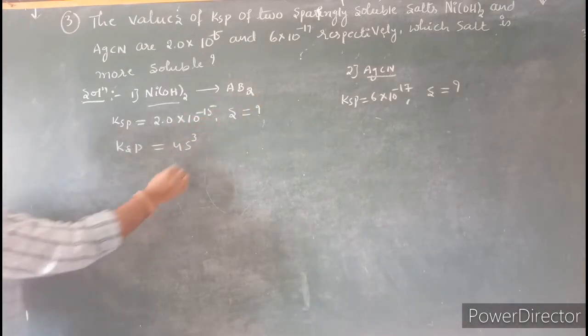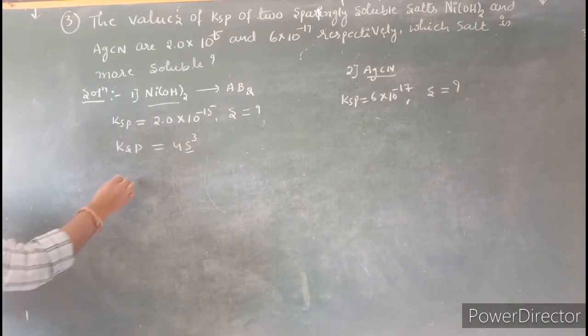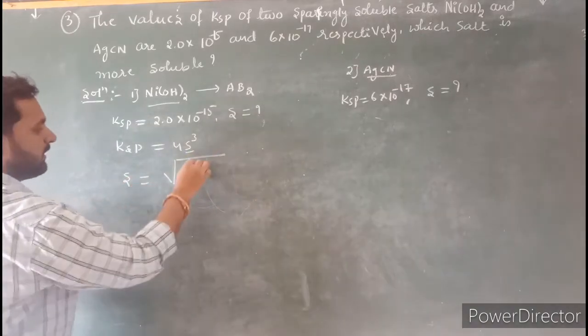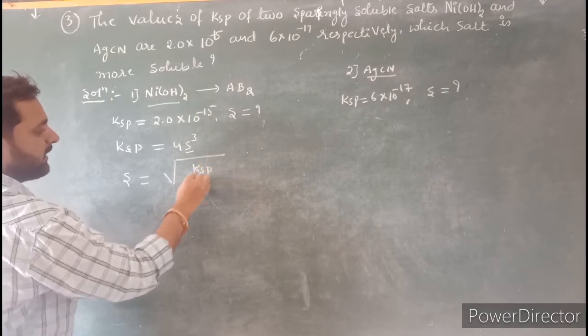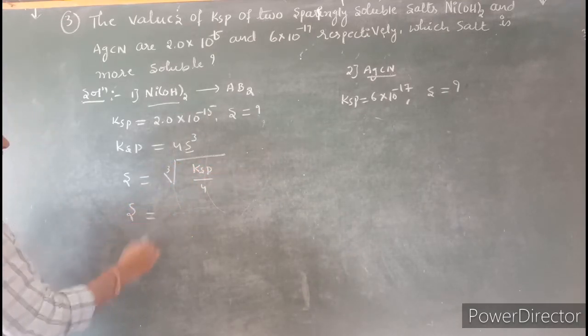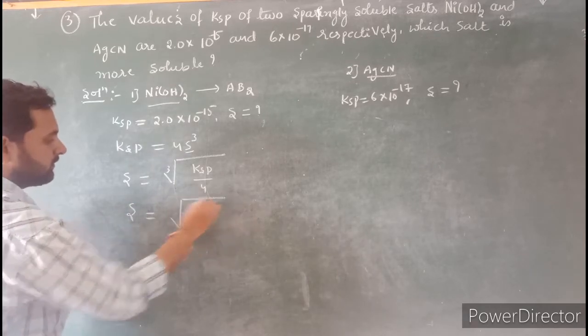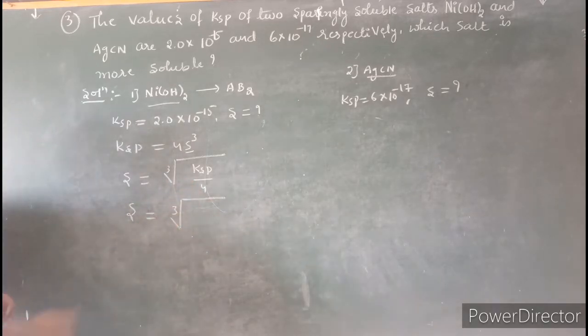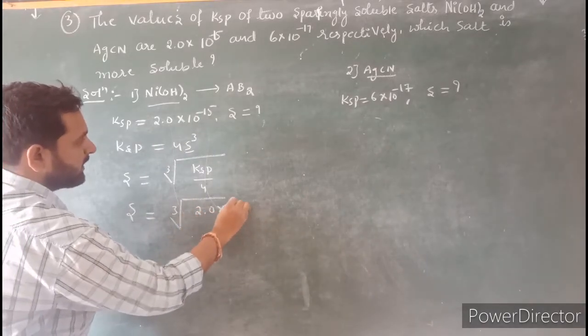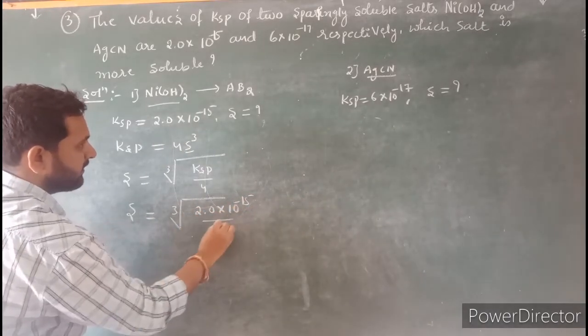Now we have to calculate solubility. Just rearrange this equation. Solubility is equal to cube root of Ksp divided by 4. Next, solubility is equal to cube root of, the Ksp value is 2.0 into 10 power minus 15, divided by 4.